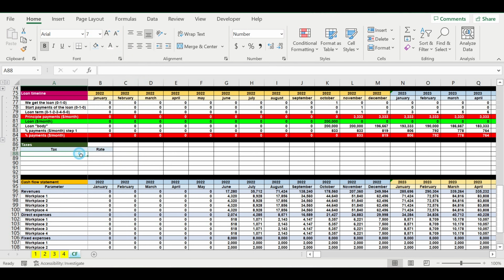So this will be, for example, revenue tax, profit tax, payroll tax.